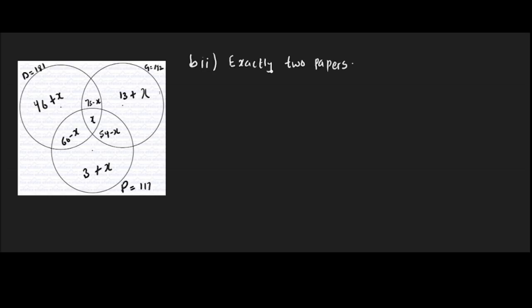B Roman figure 2 says exactly 2 papers. For us to get exactly 2 papers, readers that read exactly 2 papers is going to be Daily Times and Guardian, that is 75 minus x, plus Daily Times and Punch, 60 minus x, plus Guardian and Punch, 54 minus x.